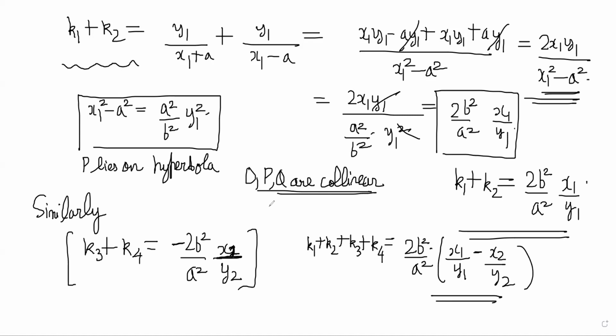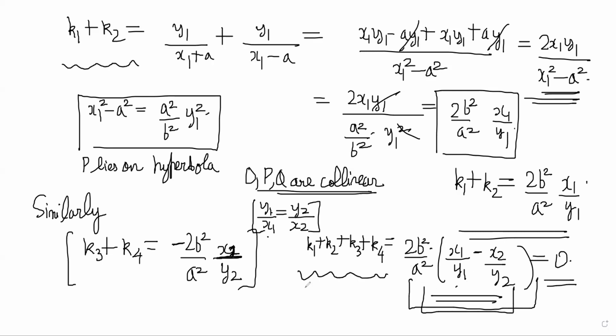Slope of OP and OQ being equal means y1 by x1 is equal to y2 by x2, right? So basically x1 by y1 is equal to x2 by y2. So this is equal to 0. We are getting this sum of all four slopes is adding up to 0, right? So that is a simple way to solve the problem.